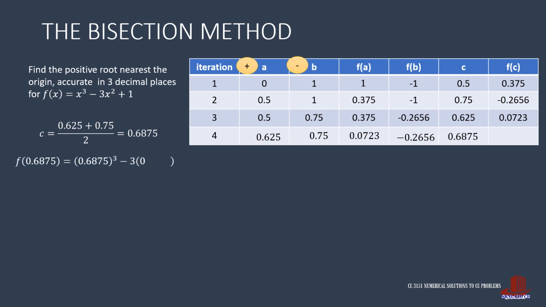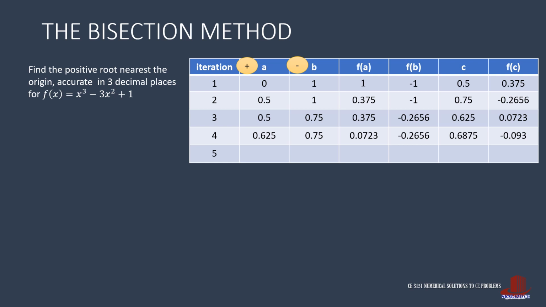Now take f of c as 0.6875 cubed minus 3 times 0.6875 squared plus 1 to get negative 0.093. With this value coming as negative, c is then used as b on the next iteration.